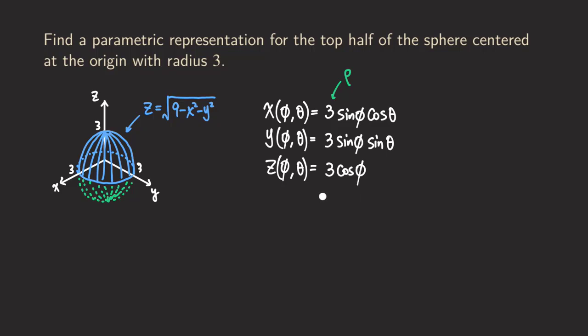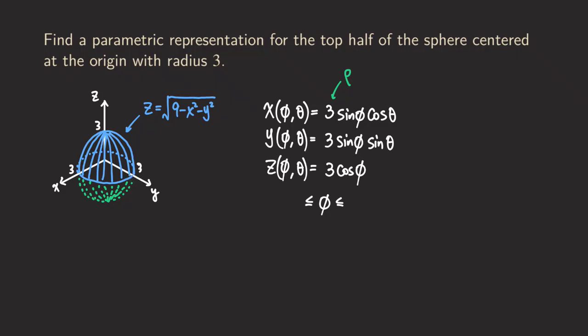So now, what about the domain for phi? Well, remember phi is the angle that's formed with the positive z-axis. So if we start from this point right here, our whole surface goes all the way down to the xy plane. So from the positive z-axis, from this point, and then go down right here, what happens? We actually have an angle from 0 to what?